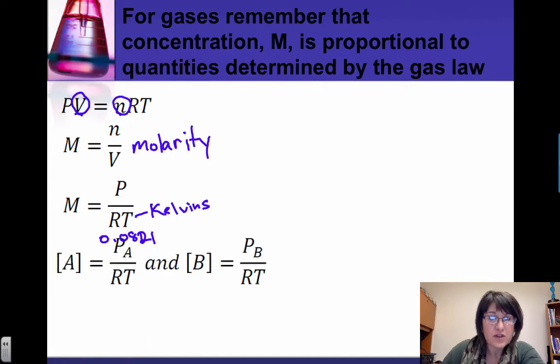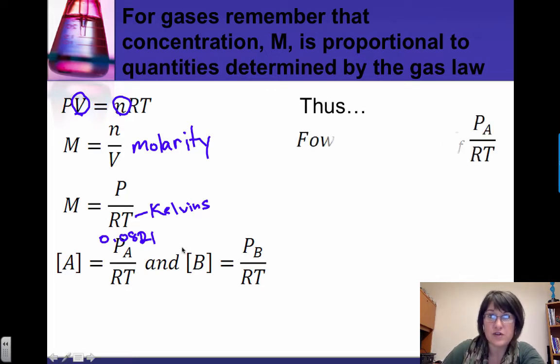So then the pressure of substance A would be the partial pressure that's created only by substance A, and we can calculate the molarity of that substance if we know its pressure. We can do the same for substance B. We can calculate its molar concentration based on its partial pressure.